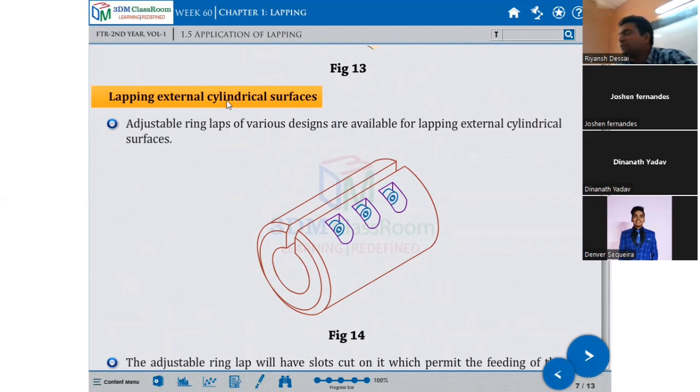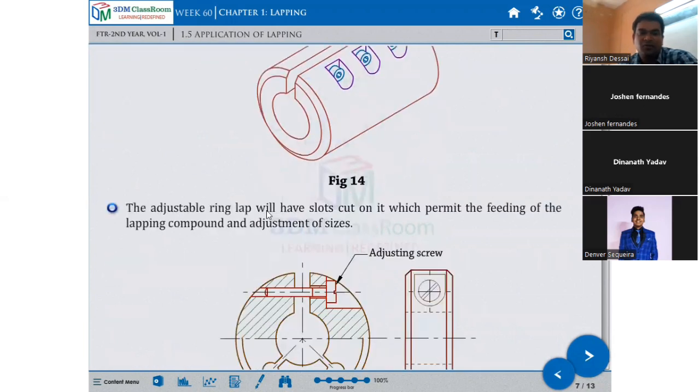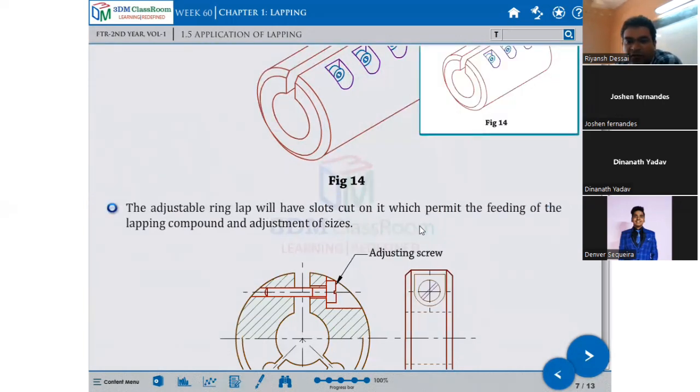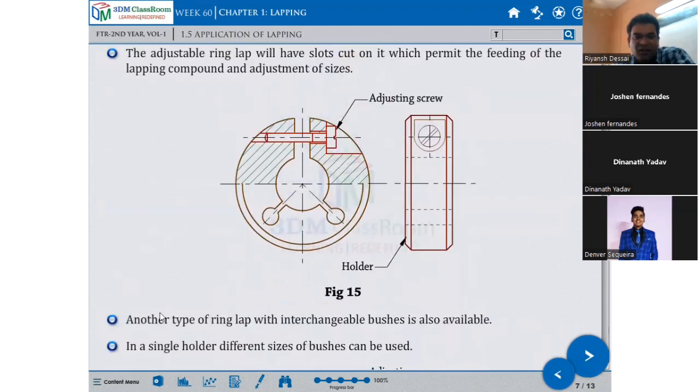In external cylindrical lapping, the lap rings have slots cut, which permit feeding of the lapping compound, and adjustment of the sizes. Another type is this ring lap. Here there is an adjustment screw, and these holes are provided to charge the abrasive part.